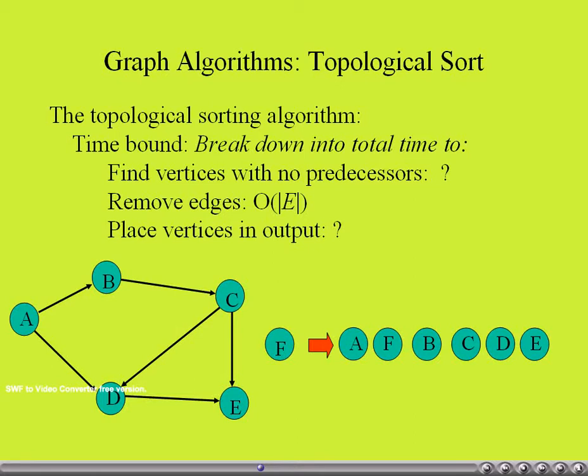Its complexity can be said to be order of E, where E is the number of edges in the total graph. Removing E edges requires effort proportional to E only, so its cost will be order of E.